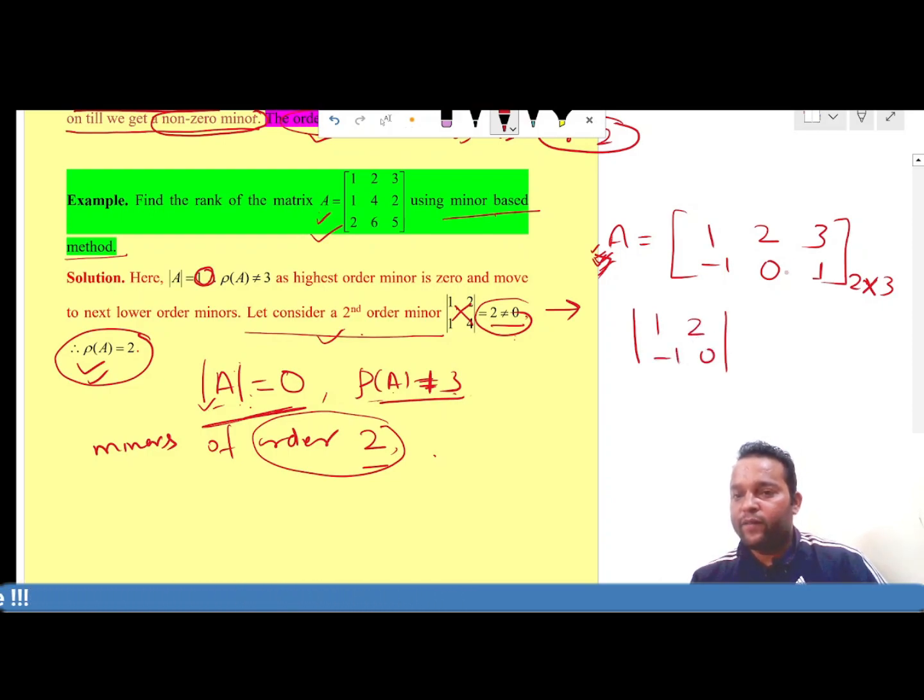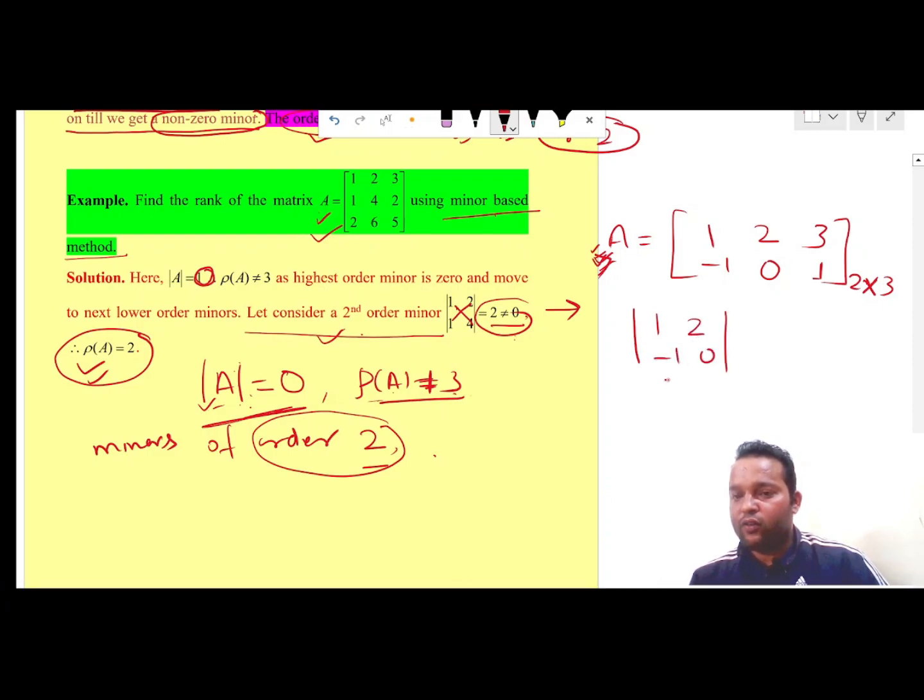This minor of order 2 is generated from matrix A by deleting the third column, and we have to calculate its value: 1 into 0, that is 0, minus 2, that is minus 2. So we have calculated a minor of order 2 whose value is non-zero. Therefore the rank of this matrix is 2.